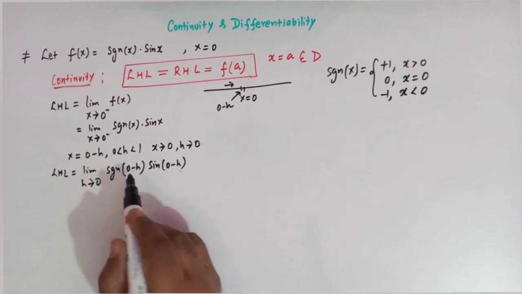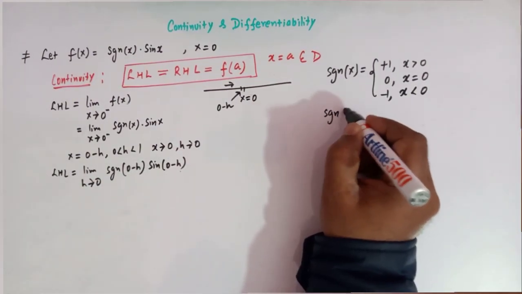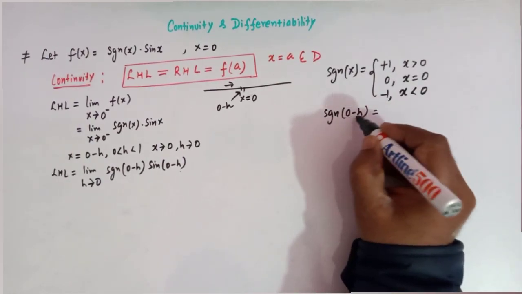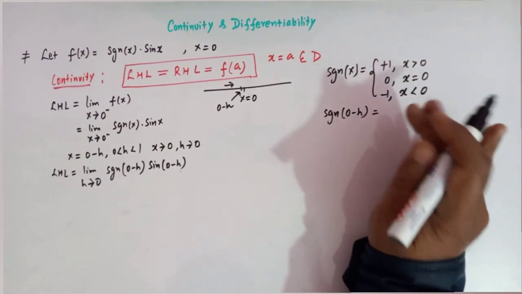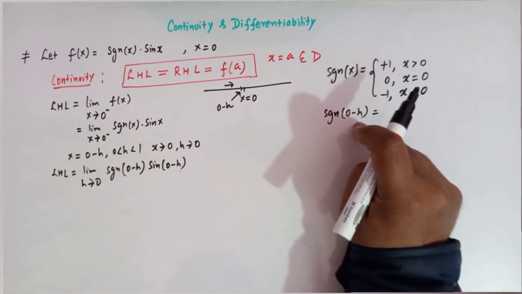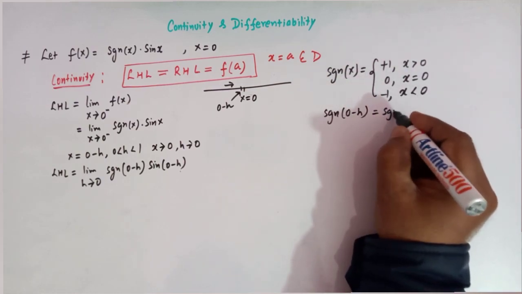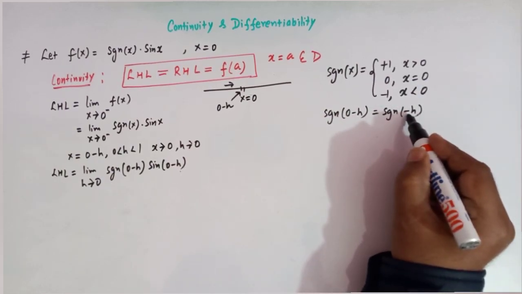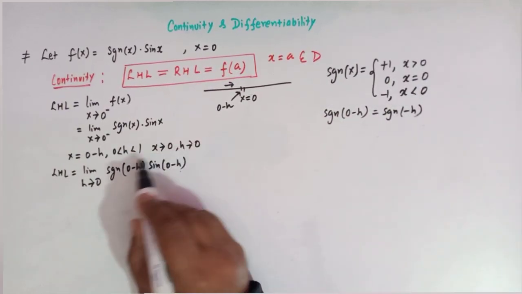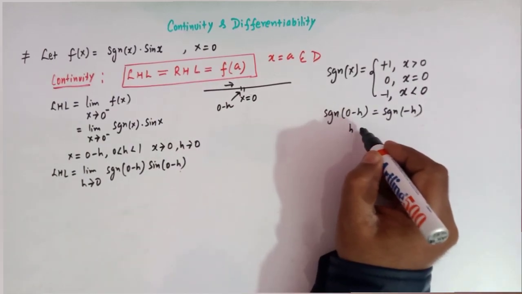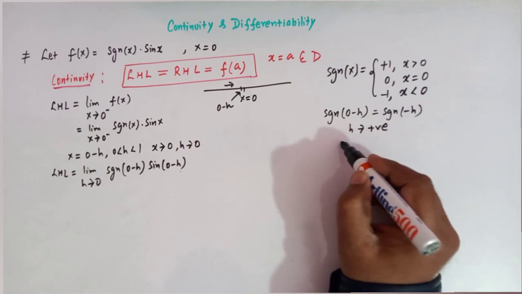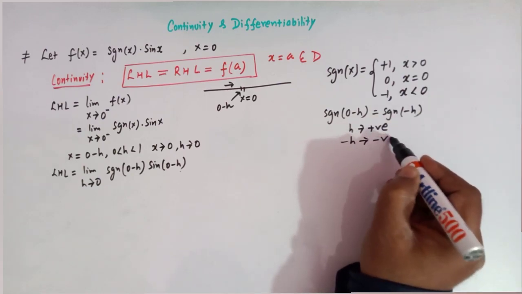And here we have signum of 0 minus h. So what is the value of signum of 0 minus h? This is the important question here. This is signum of minus h, so 0 minus h is minus h. Now we have just said that h is a positive quantity, so minus h must be negative.